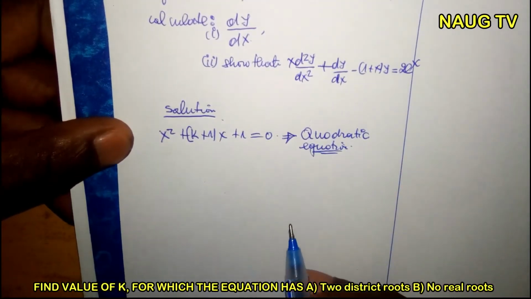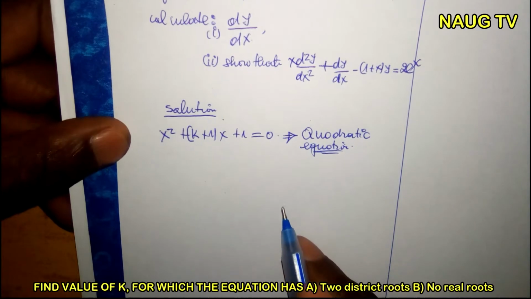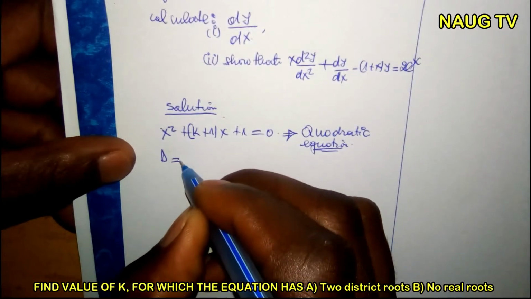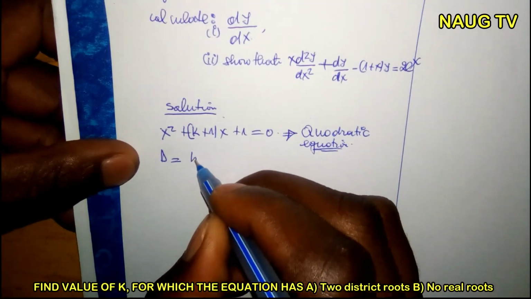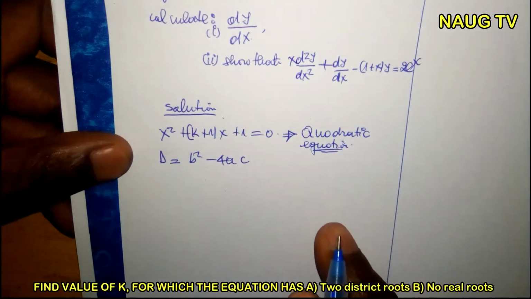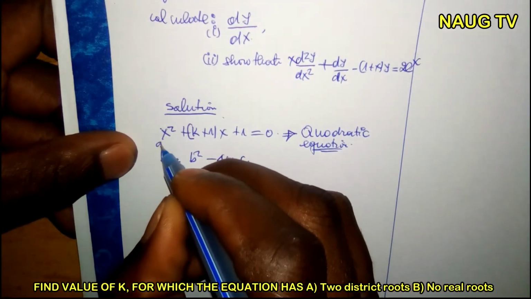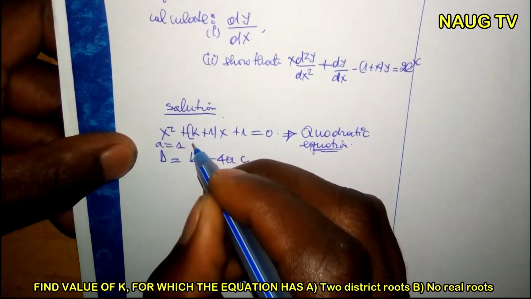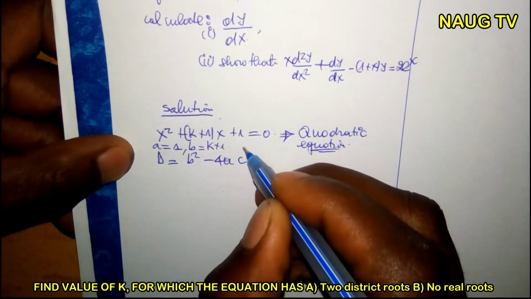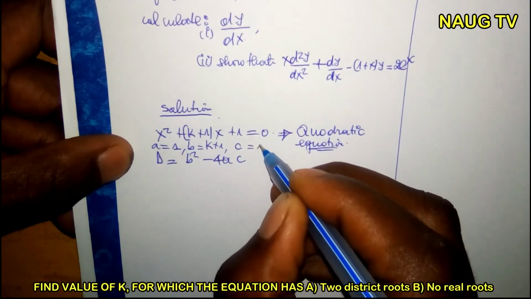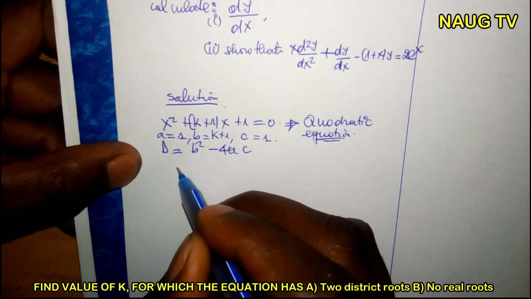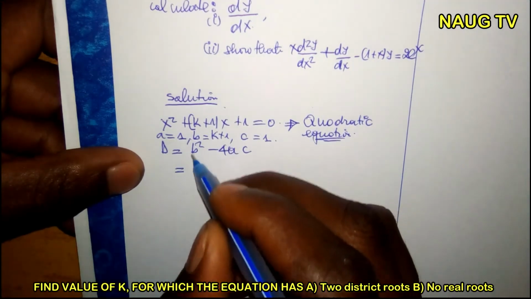So to solve it, first let's calculate delta. Delta will be given by b squared minus 4ac, where a equals 1, b equals k plus 1, and c equals 1. So replace these values in this equation of delta.